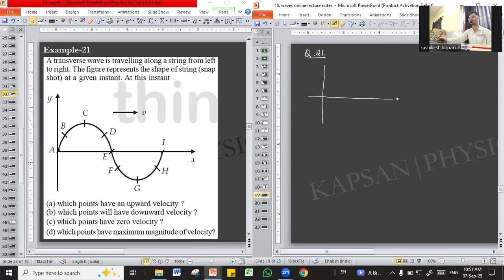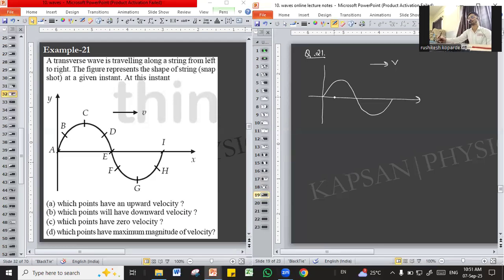Means particles at different locations x have different positions y, like this. And the wave is traveling in the rightward direction. So this is the photograph at given time instance.